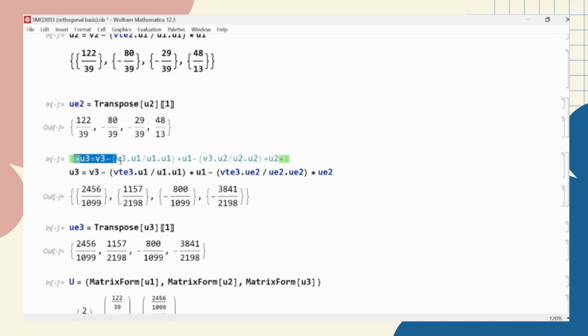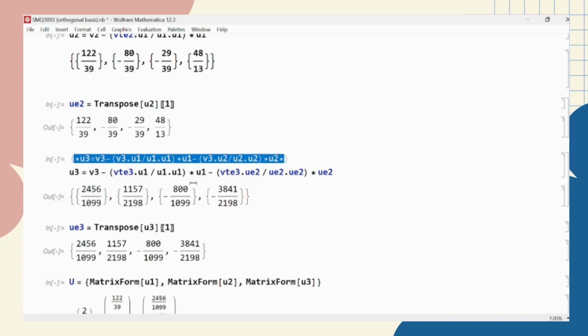And then to find U sub 3, we will use the formula: vector U sub 3 is equal to the vector V sub 3 minus a scalar multiple of the vector U sub 1 minus a scalar multiple of vector U sub 2.